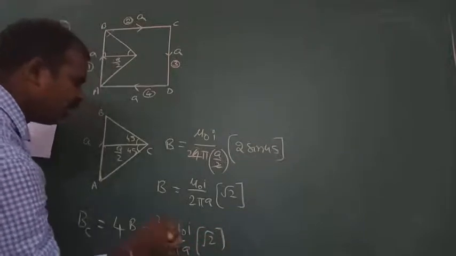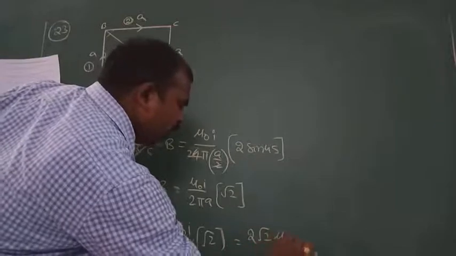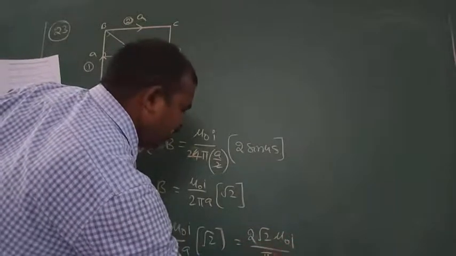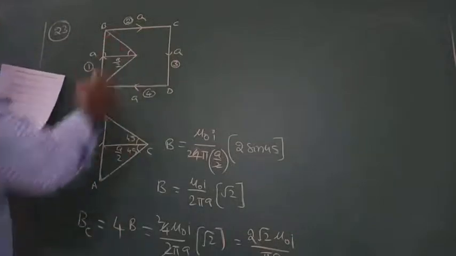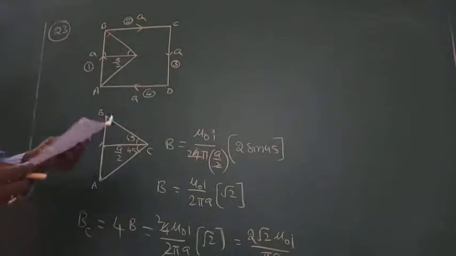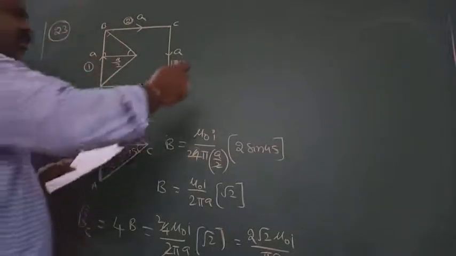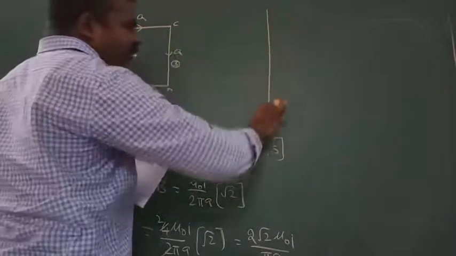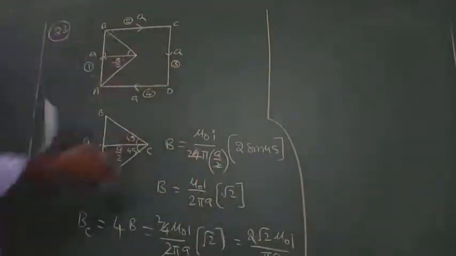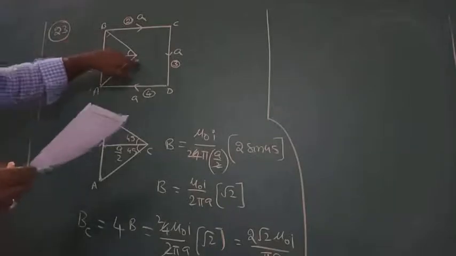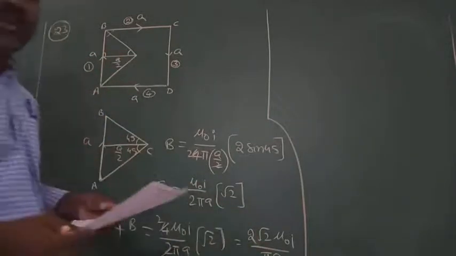Cancelling the 2, that equals 2 root 2 mu naught I by pi A. This is the magnetic field at the center of the current carrying square. The square carrying current I, at the center the magnetic field is 2 root 2 mu naught I by pi A.